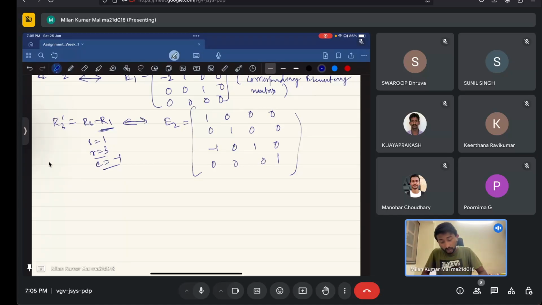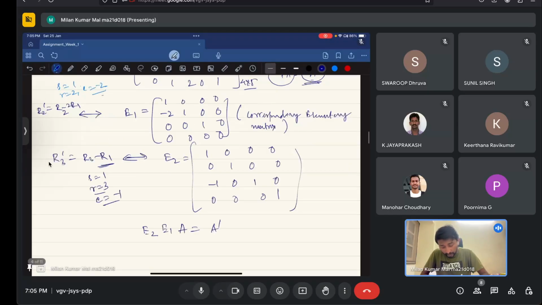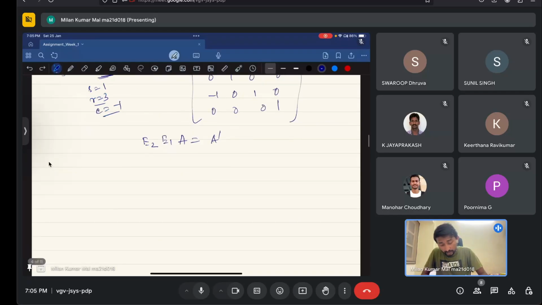Now if we multiply E1 first and after that E2, this is what we are actually doing with the matrix A. Then we get matrix A dashed, which is obtained by these two elementary row operations.